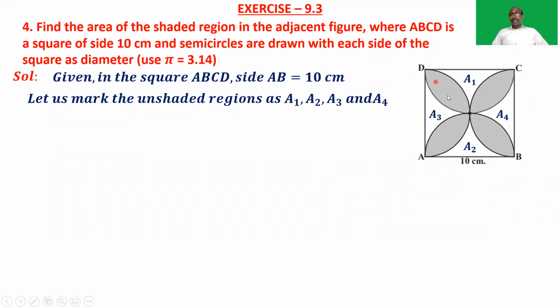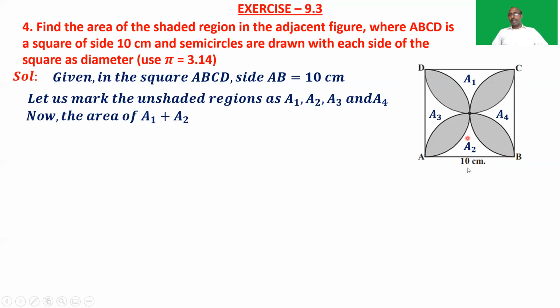Now, the area of the shaded region is equal to the area of the square minus the area of the unshaded regions, isn't it? Okay, so first the area of A1 plus A2.